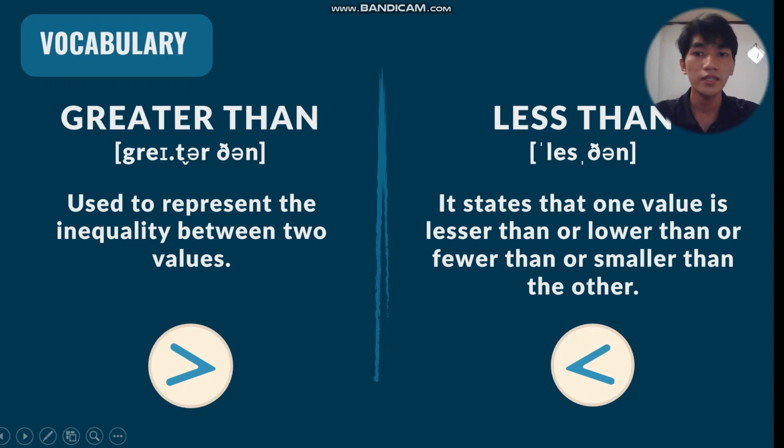For example, 4 is greater than 3, and on the right side is less than. Less than states that one value is lesser than, or lower than, or fewer than, or smaller than the other. This is the symbol for less than. For example, 3 is less than 4.